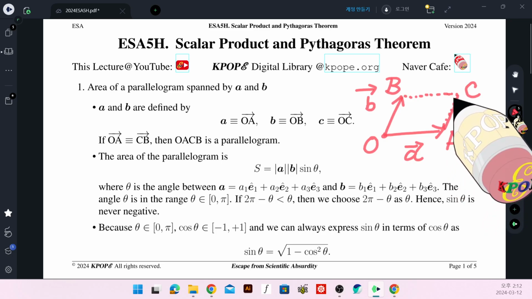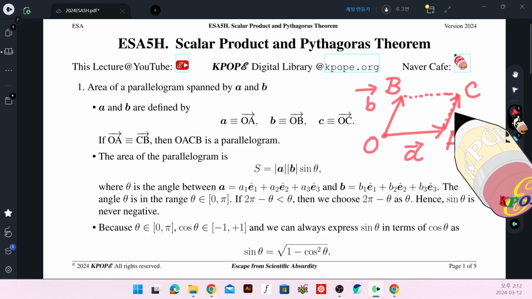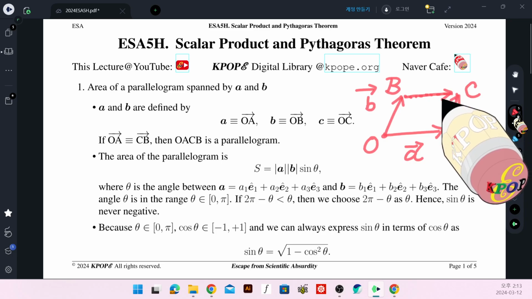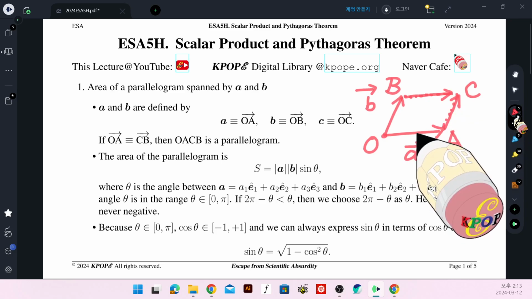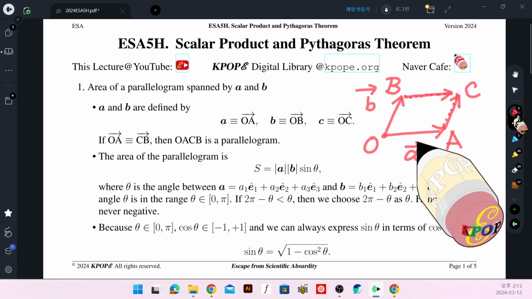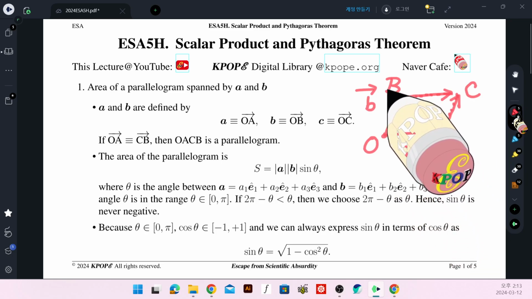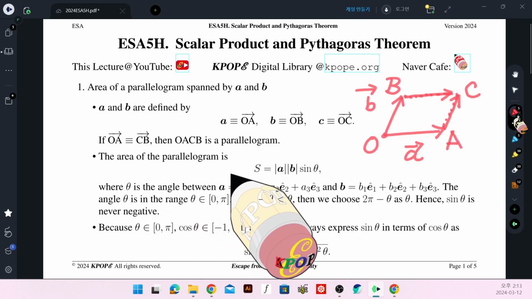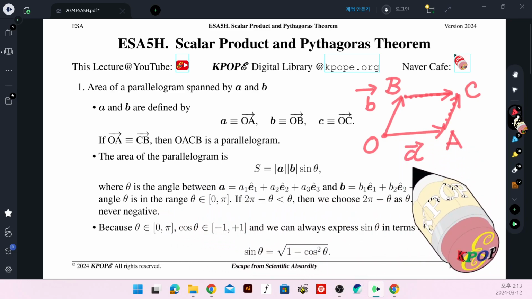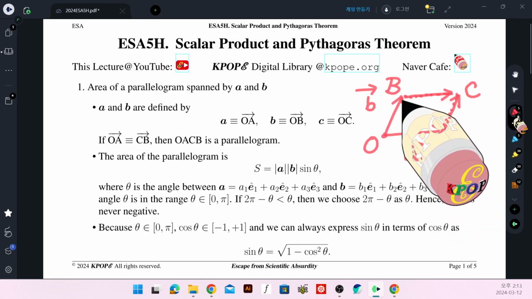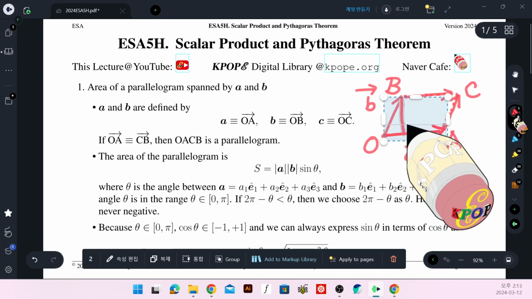I mean, these two vectors are the same, and these two vectors are the same. In that case, we have a parallelogram spanned by two vectors, small a and small b. The area of a parallelogram is magnitude of A multiplied by the height of this parallelogram.